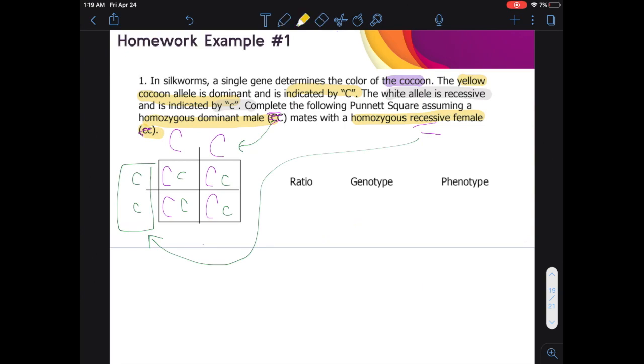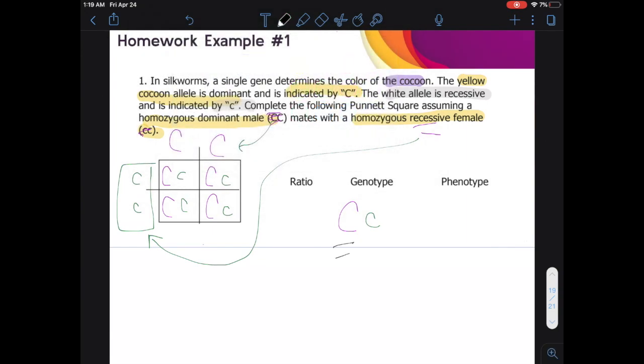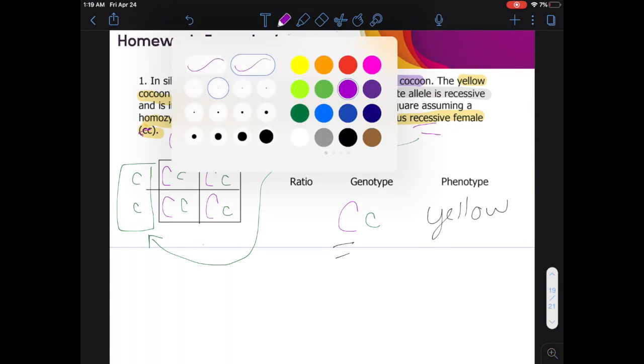So what genotypes do we have? Well, this one's easy. We only have one genotype, big C, little c. What phenotypes are we going to have? Well, we only have one. Big C is there, so the dominant trait is going to be the phenotype, so it would represent the yellow phenotype. The color of the cocoon would be yellow. So what's the percentage of the genotype?